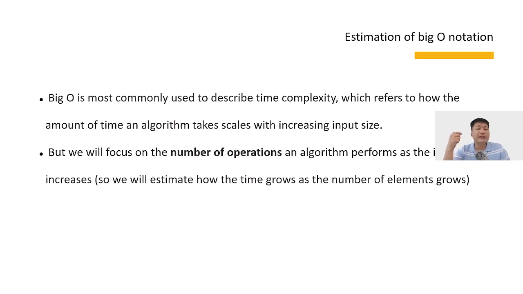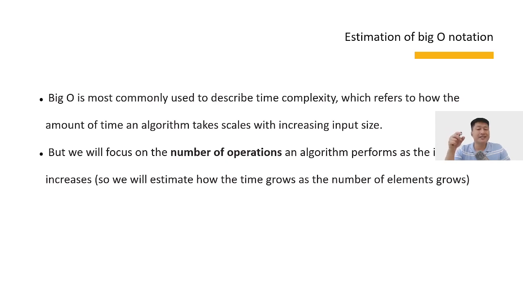But normally we estimate it using the number of operations. How many operations does it take for this algorithm to finish the task? And what kind of operations do we have to count? Operations like adding, subtracting, reading a value from memory, showing it on the screen, and so on.